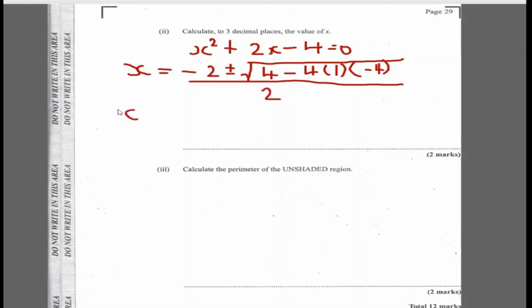And so x is equal to negative 2 plus or minus the square root of, we work that out now, 4 minus 4 times 1 times negative 4.